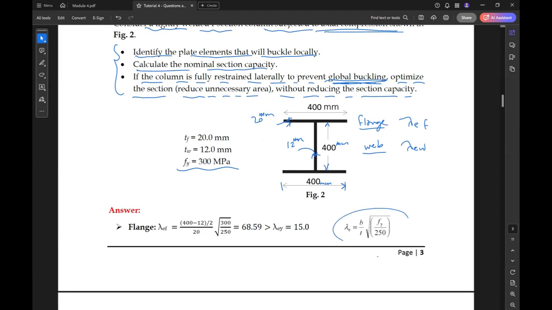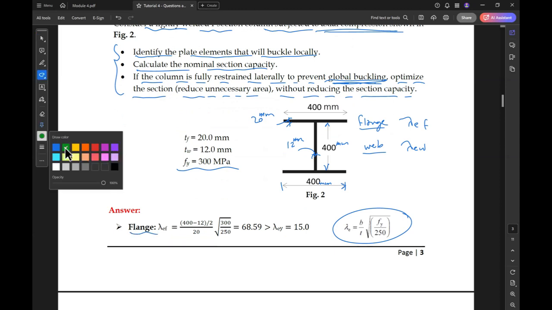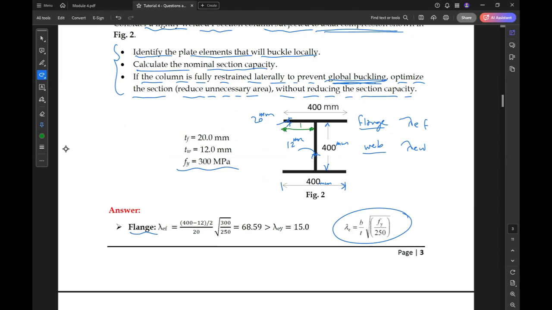This is the formula: lambda e equal to b over t times root of f yield over 250. So for the flange, we need to find how much this distance b is. So b for the flange equal to 400 minus 12 over 2.